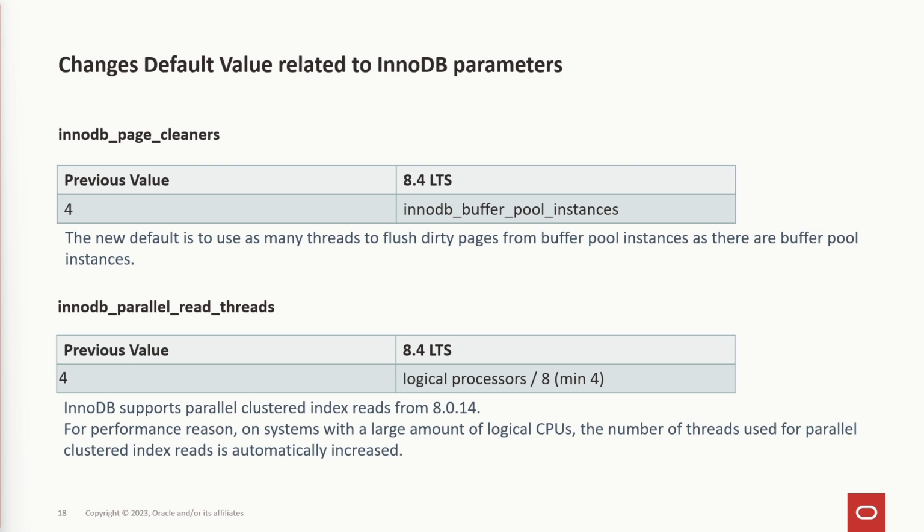The first one is parallel clustered index read from 8.0.14, and later, like 8.0.20-something, we introduced the secondary index read also. So this one is for that. Previously it's fixed, but now logical processors divided by 8, with a minimum of 4.